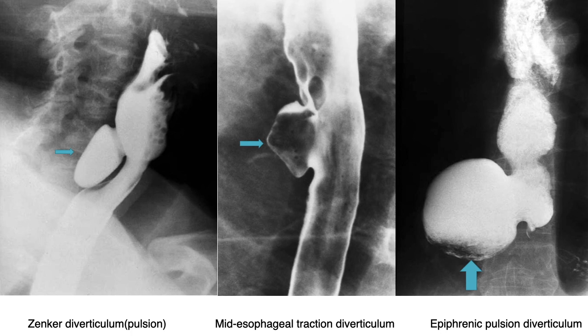But in the middle part, we call it traction diverticulum. Why? Because in general, in this part the diverticulum is secondary to fibrosis, meaning something is pulling the wall of the esophagus. In the majority of cases, the fibrosis is due to pulmonary tuberculosis. So that's very important to know.